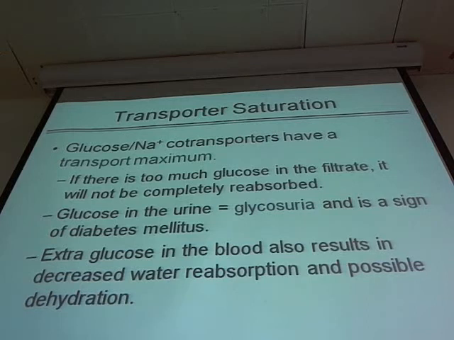So not as much water will go out to be reabsorbed. It should stay in the water. Now, what is typical of a diabetic? You get up in the middle of the night, you're drinking and peeing all night long. That's because the glucose doesn't allow the water to go out of the descending loop of Henle.